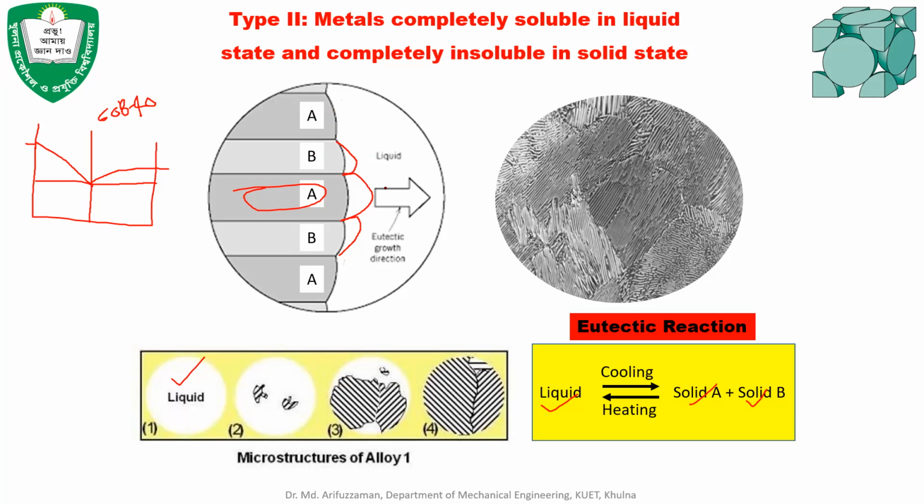Okay, that's how the crystal structure actually grows, and that is why if you look at the microstructure in the solid state, you'll see a microstructure like this, and this is called the eutectic mixture. Okay, this is called eutectic mixture. It's not a solution. Okay, that means in here the black lines and white lines are indicated by metal A or metal B. If you indicate metal A as black lines, then the white lines will be metal B. That's how the crystals grow. Okay, any question?